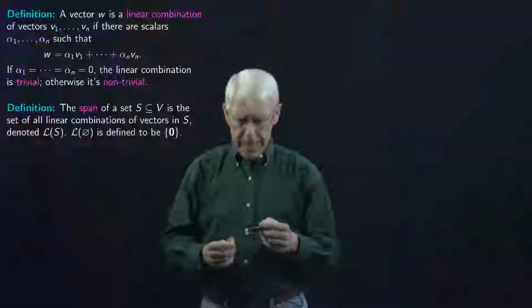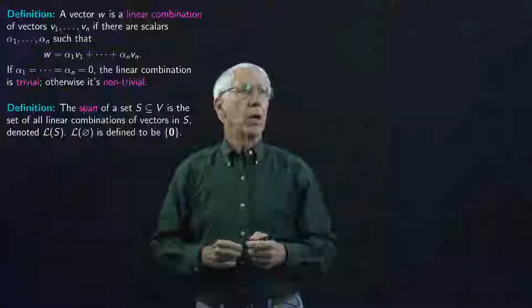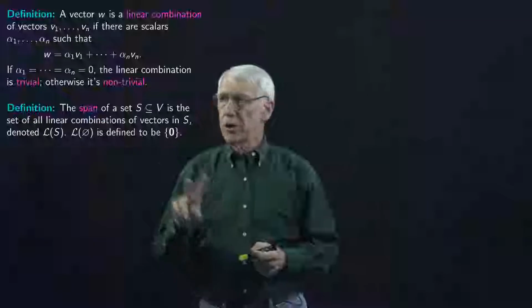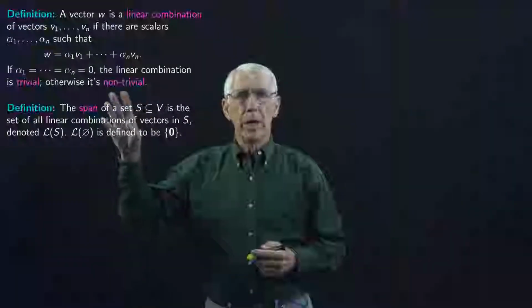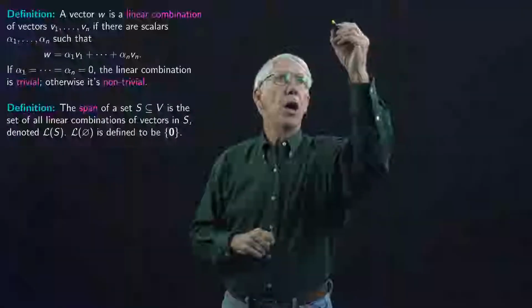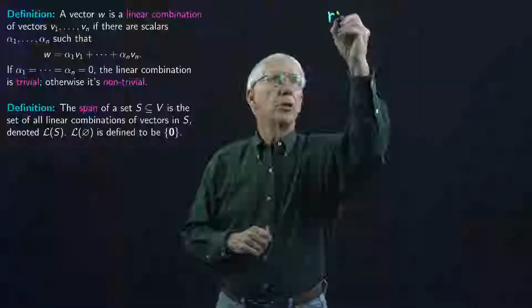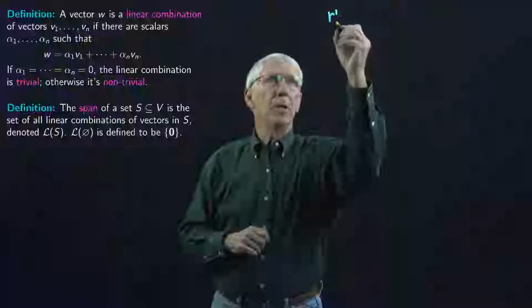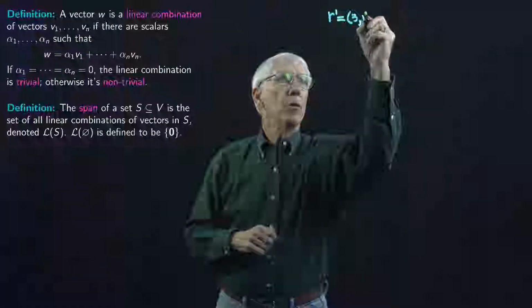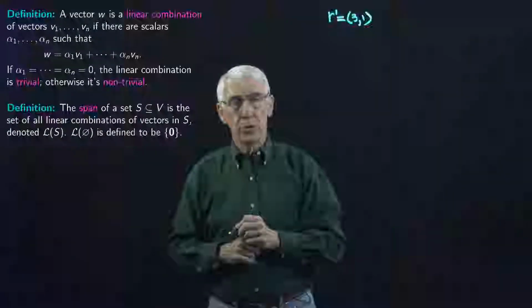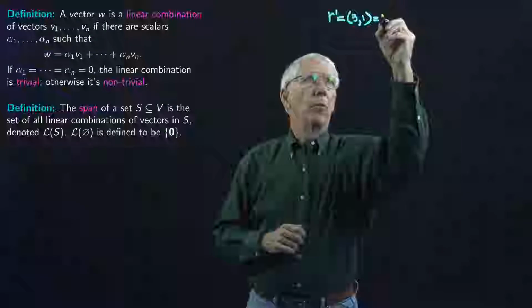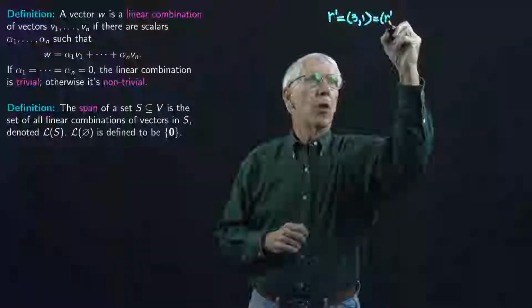In our example here, we're going to have, to start off with, just two vectors, V1 and V2, but I'm actually going to use a different letter than V. I'm going to use R, with a superscript. R1, let's say, is the vector 3, 1 in R2, and we might want to write that as R1,1 and R1,2.